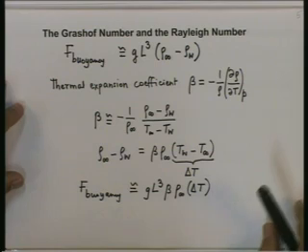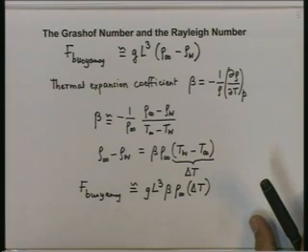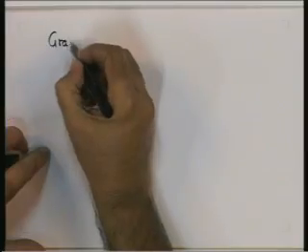Now when you include this force of buoyancy and use Buckingham's pi theorem, you will get a dimensionless number which we will call the Grashof number.